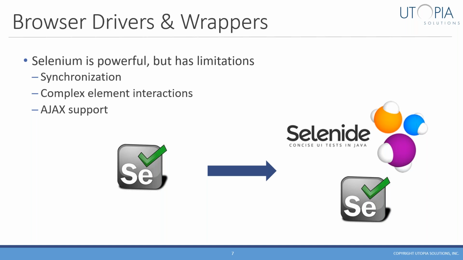But to expedite the framework creation process, wrappers can be really helpful, such as Selenide for a Java framework, or Watir or Capybara if you are interested in developing a framework in Ruby. In the case of this framework, we have used a wrapper around Selenium known as Selenide, which builds on Selenium to implement much of the core of the framework.